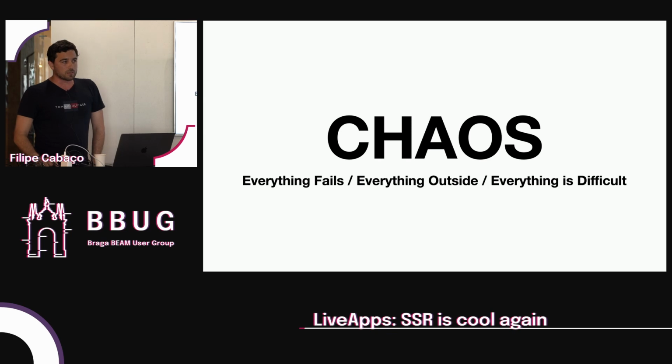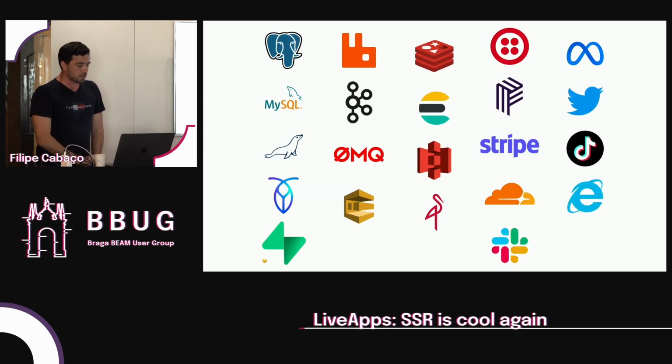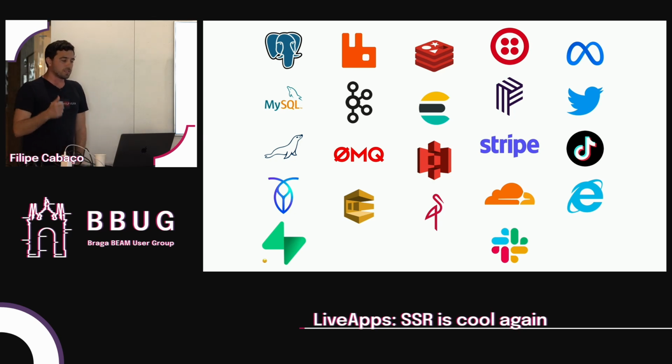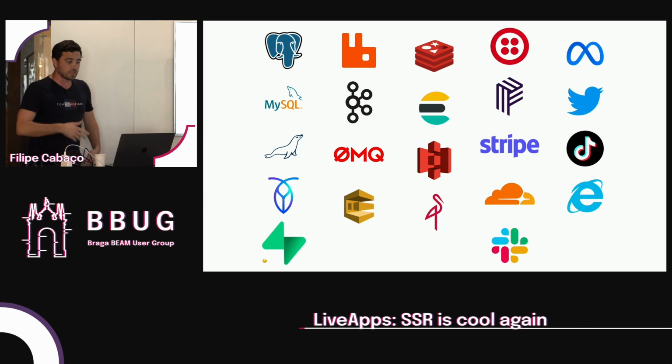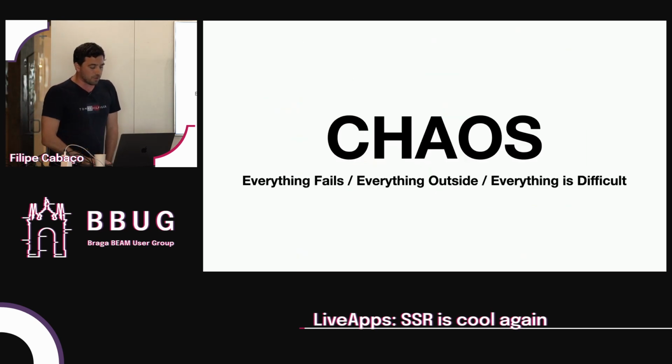Everything is outside. So when we look at this, there's not a single thing here that usually runs within your server. Everything will be a TCP call, a UDP call, a gRPC, HTTP2, whatever keywords you want to use. It's a bunch of shit that you'll need to handle. And everything is difficult.